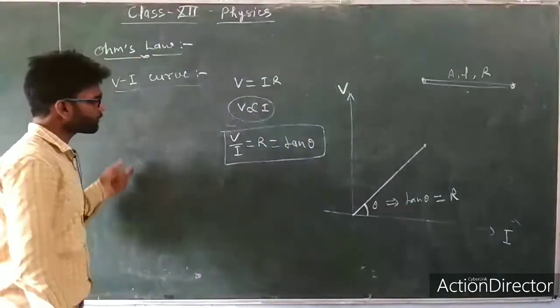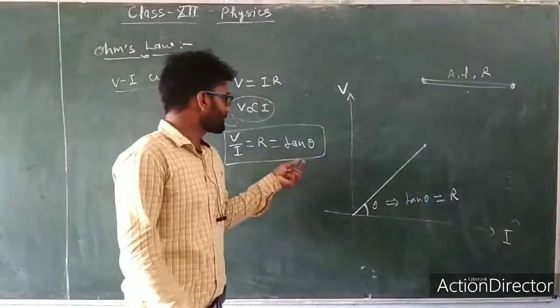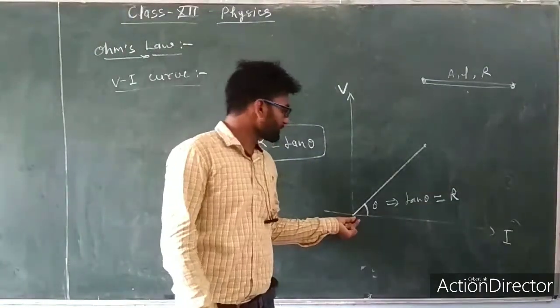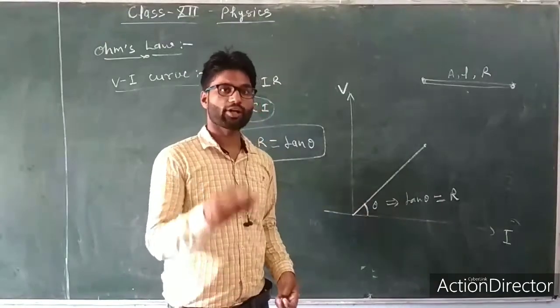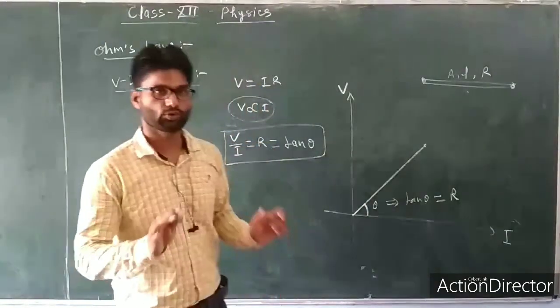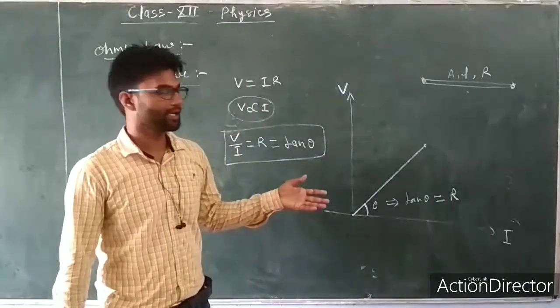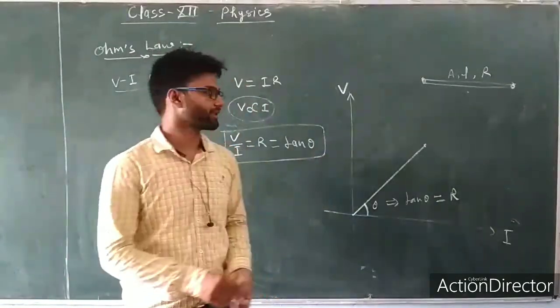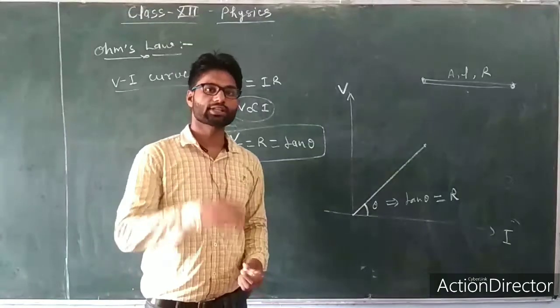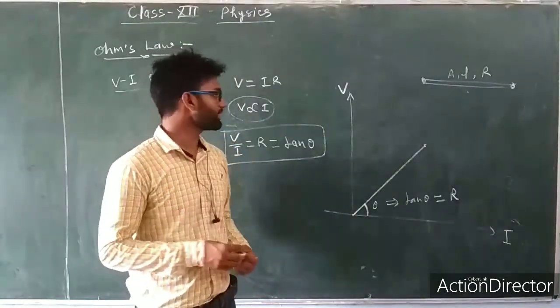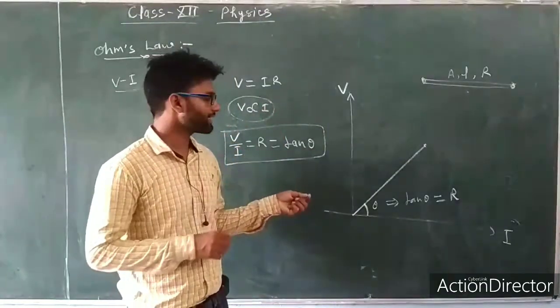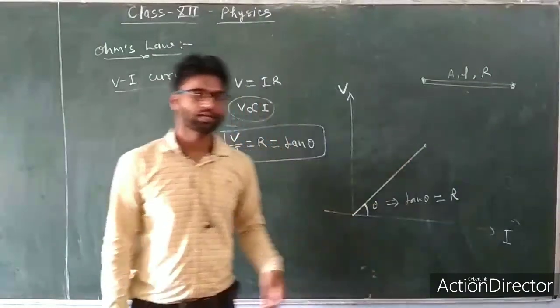So now let us see whether this curve is always a straight line for each and every conductor. No, this curve is not always a straight line for every conductor, right? Only those conductors which follow Ohm's law will give a straight line.